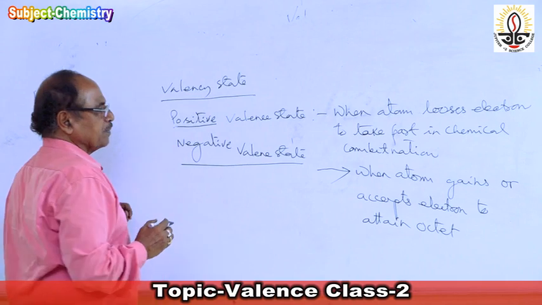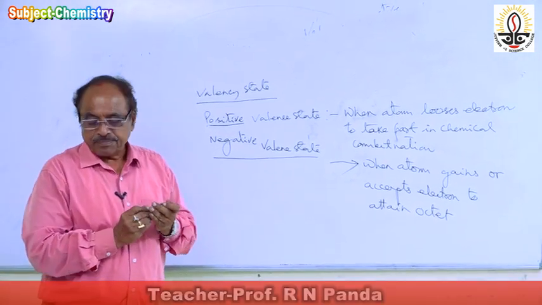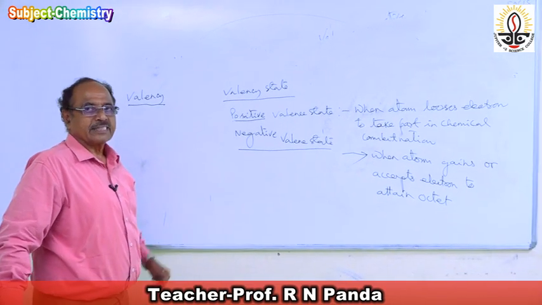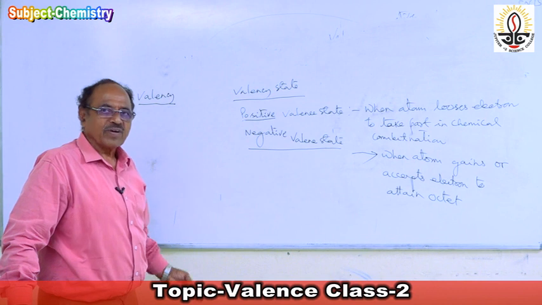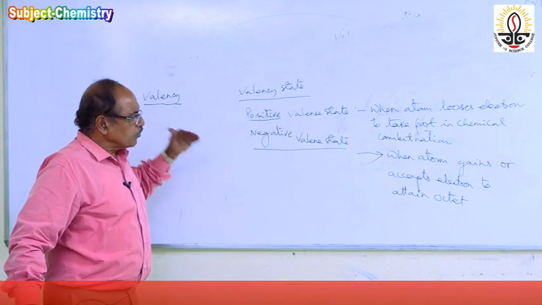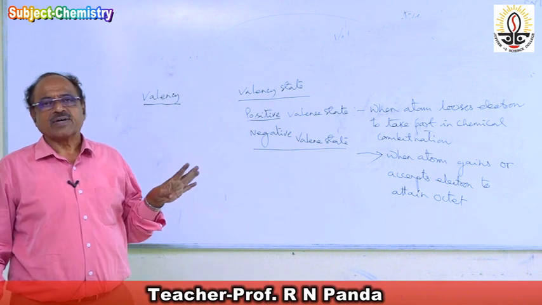Who are they? Group 7 elements, group 6, and group 5 exhibit negative valency states. But group 1 and group 2 will never exhibit a negative valency state.